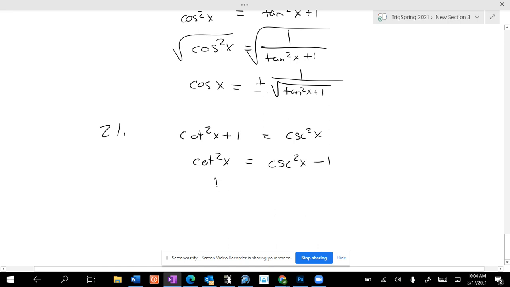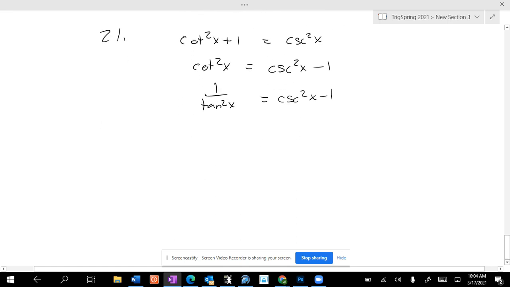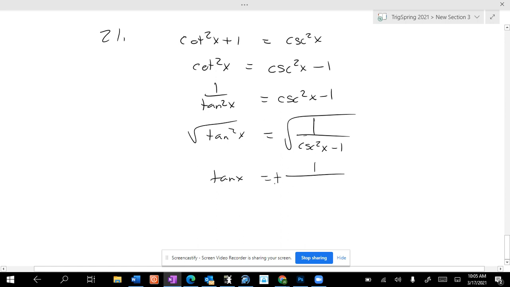Cotangent squared is 1 over tangent squared. If I take the reciprocal of both sides and then square root both sides, tangent x equals 1 over plus or minus the square root of cosecant squared of x minus 1.